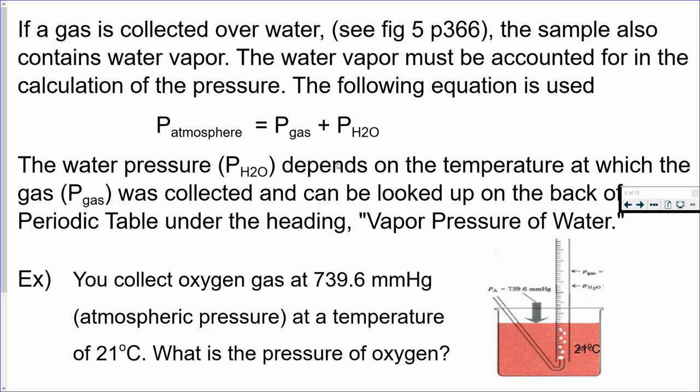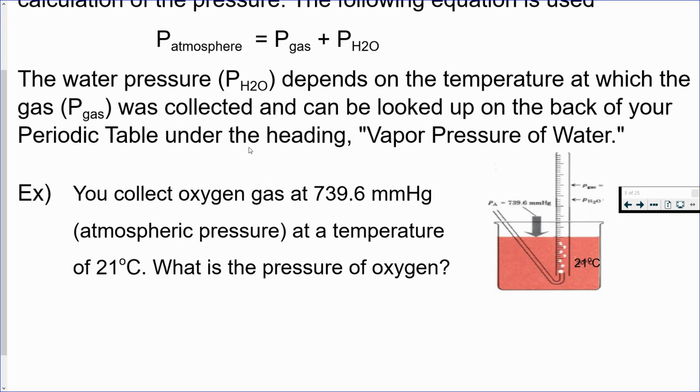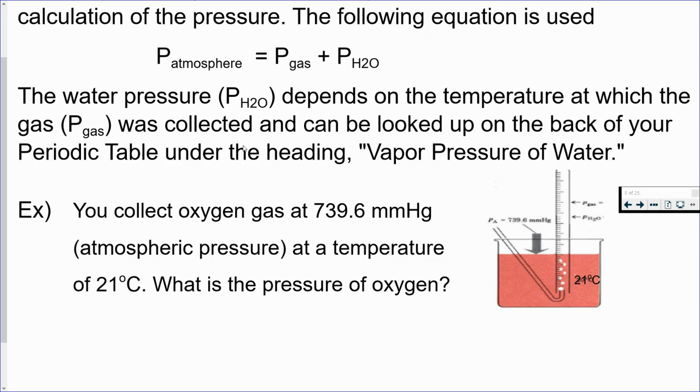Finally, one of the things that we're able to do due to the fact that we know the vapor pressure of water so well is we're able to find the pressure of dry gas or of other gases that we collect over water. And on our periodic table, on the back, in the lower left-hand corner, there is a little chart that tells us vapor pressures of water.